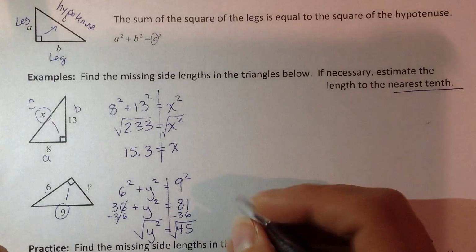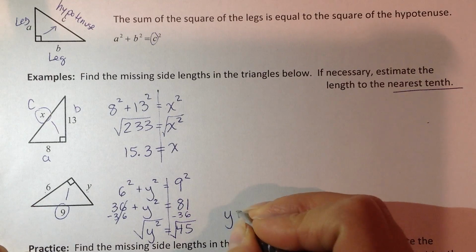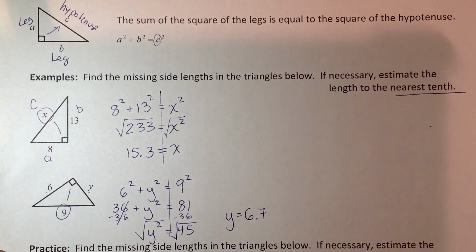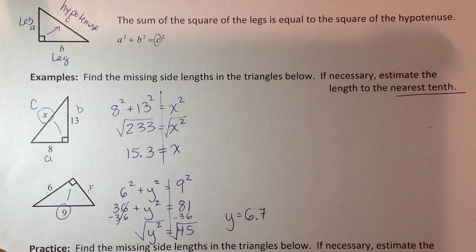So it's going to be 6.7. Sometimes you have multiple choice and instead of having it as a decimal, it might have this as a simplified radical. If you don't remember how to do that from algebra on a multiple choice, you could just put the answers in to see which one is going to be equivalent to about 6.7.